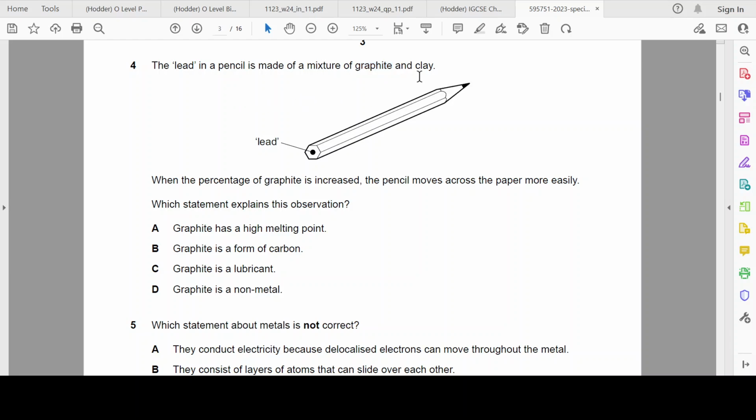When the percentage of graphite is increased, the pencil moves across the paper more easily. Now, what you need to recall is some of the properties of graphite that were given in the syllabus. When the percentage of graphite is increased, the pencil moves across the paper more easily, so it's smoother, in other words. Which statement explains this observation?